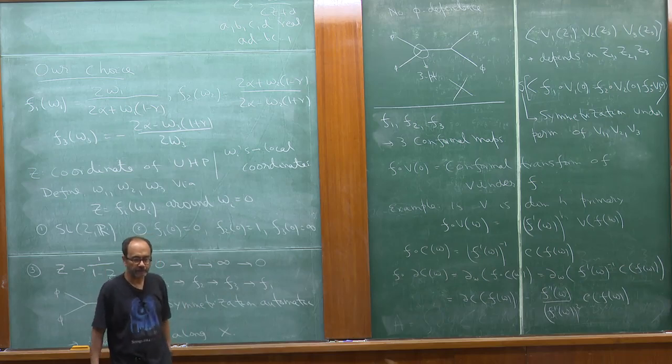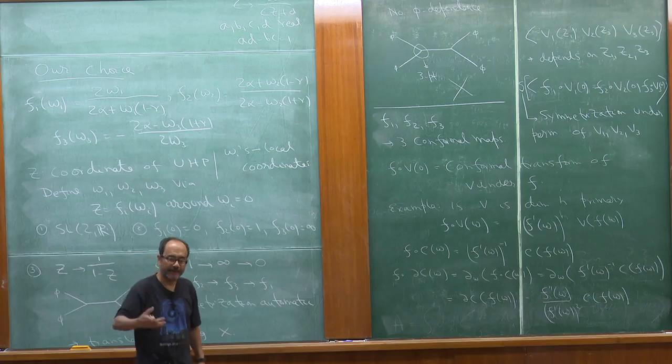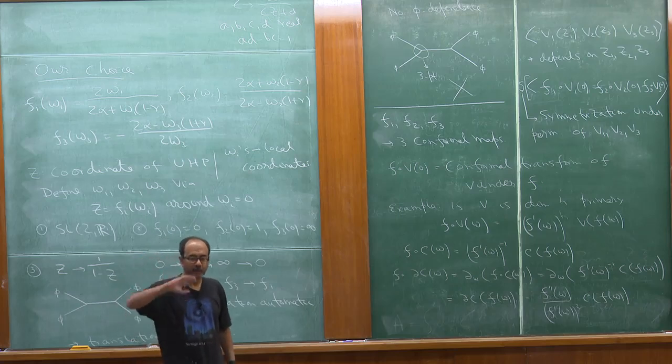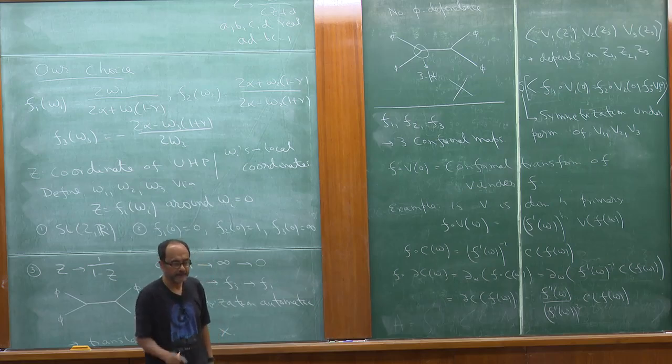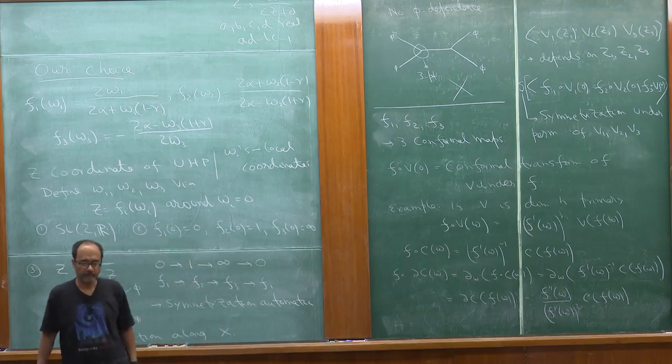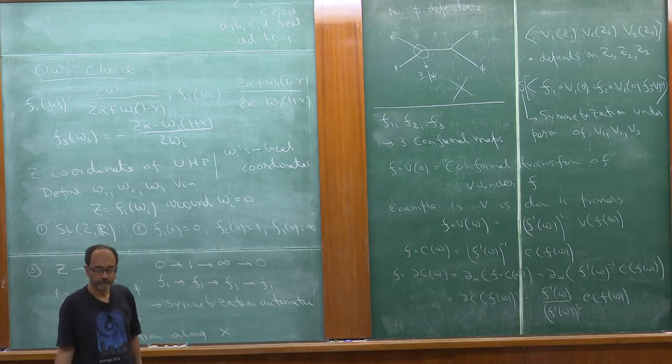But you could choose the global metric arbitrarily, because the theory is still conformally invariant. So how you choose a metric away from the punctures is not relevant. The only thing that matters is what the metric is around the punctures, because you are breaking conformal invariance by the vertex operators.